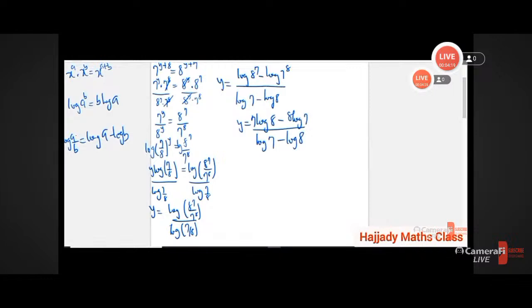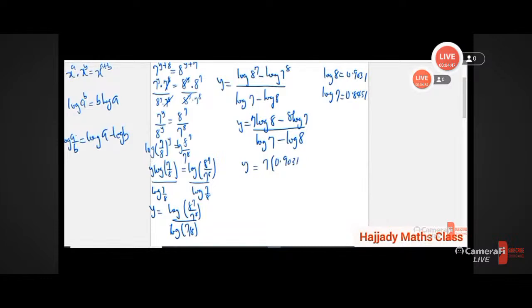Using our calculator, log 8 is the same thing as 0.9031, and my log 7 equals 0.8451.